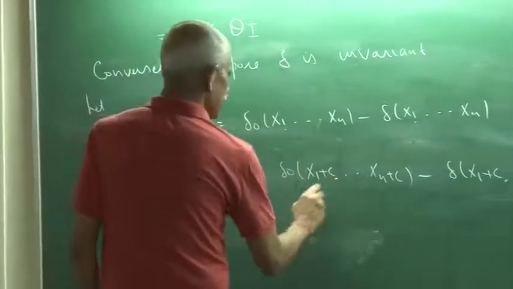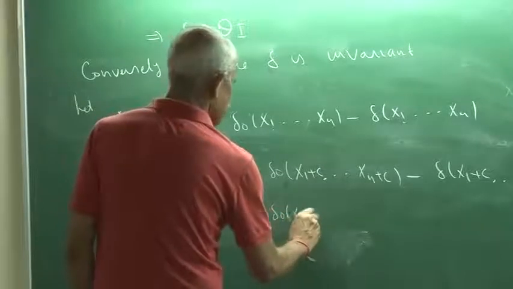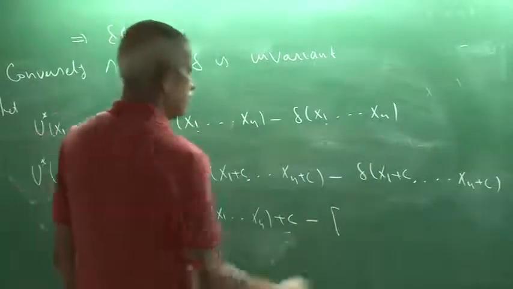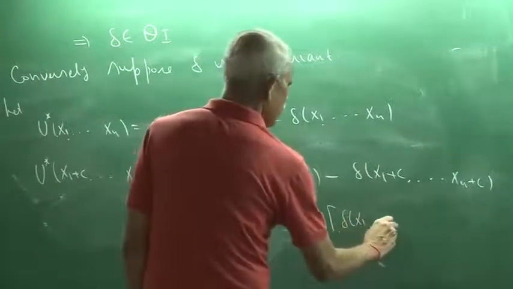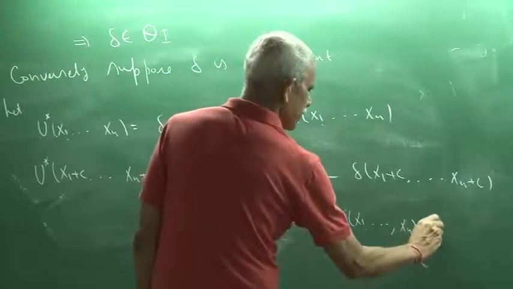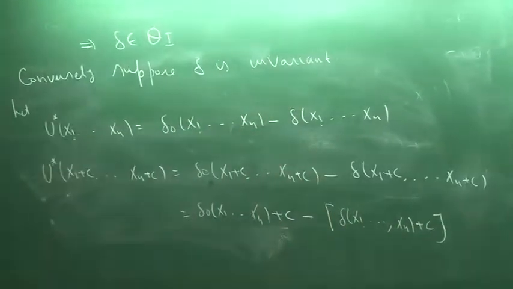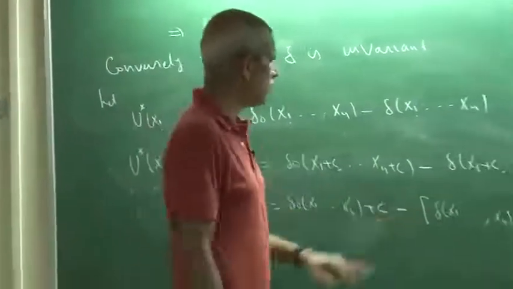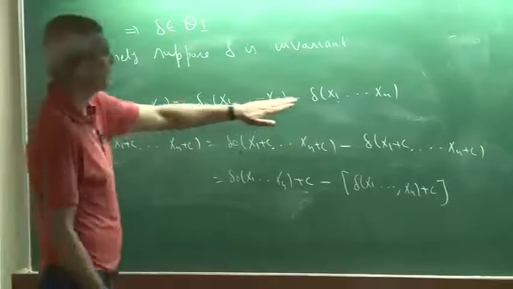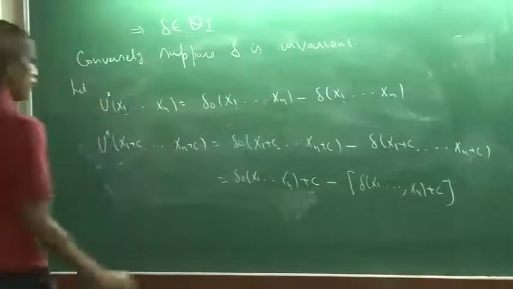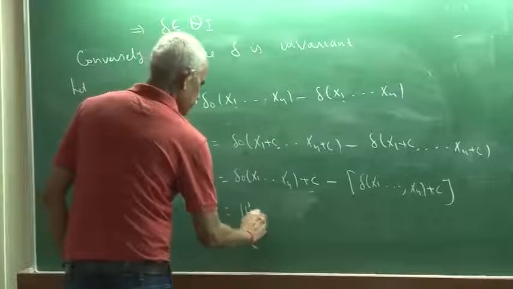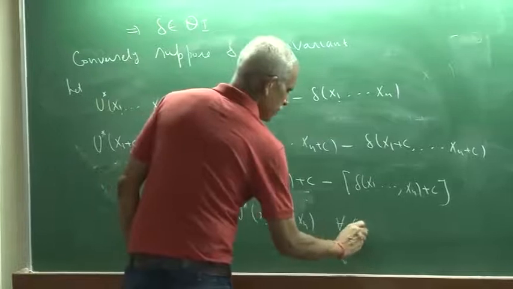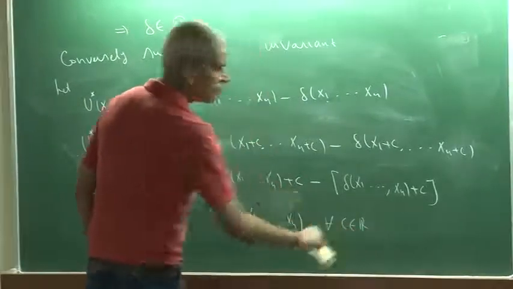So both are invariant, so this would equal delta naught of x1, x2, ..., xn plus c minus delta of x1, x2, ..., xn plus c. So this c gets cancelled, and you get delta naught of x1, ..., xn minus delta of x1, ..., xn, which is nothing but u star of x1, x2, ..., xn. This happens for every c belonging to R.